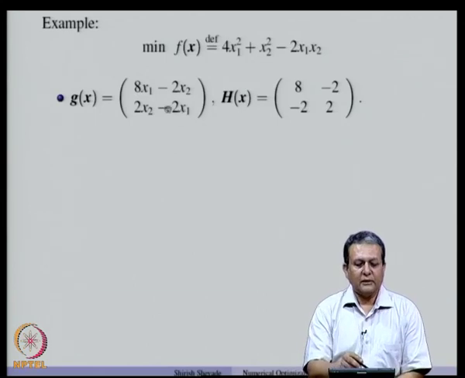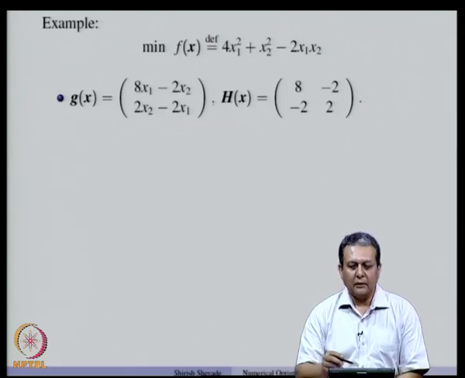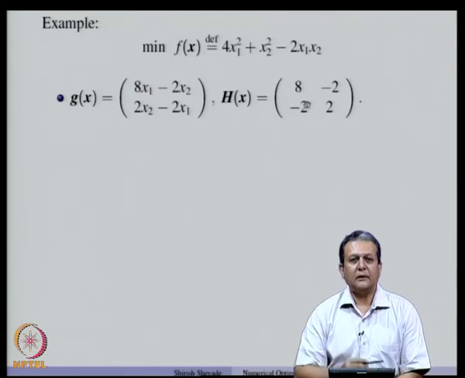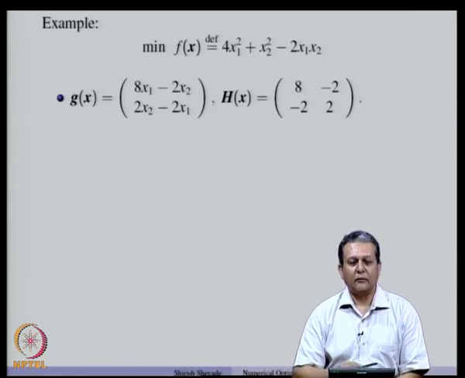Now, the gradient of this objective function vanishes at the origin. So, that is a stationary point, and you will see that the Hessian matrix is a positive definite matrix. So, the origin is a strict local minimum of this problem.